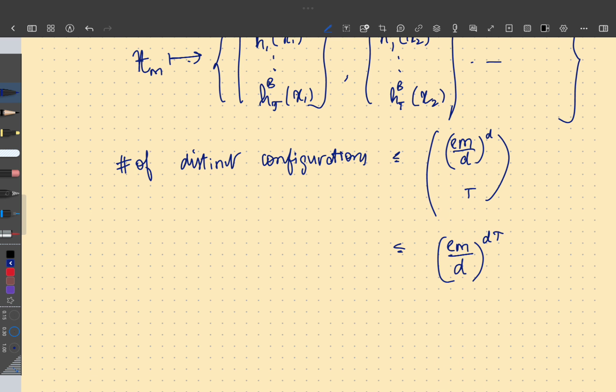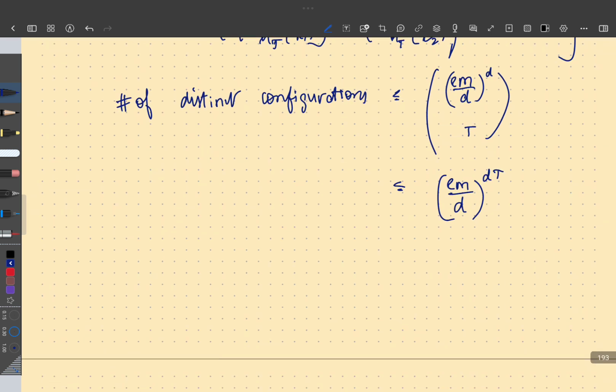And remember, each labeling is itself a T-length vector. So on each of these, I have to now apply a linear predictor. So I have m points, and for m points, how many possible distinct labelings can I get?